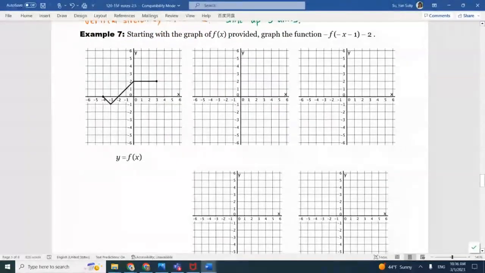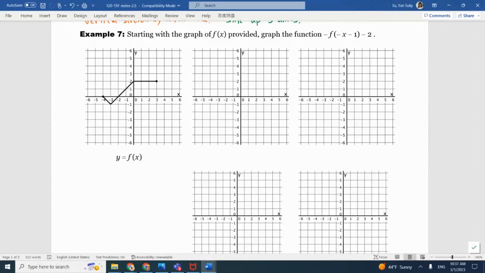So now, look at this example. Okay. So the parent function, f of x. Go down the list. What was the first one? Shift left or right. How can we tell? Do you have an x add or subtract a number? Yes. And this is subtract 1, right?